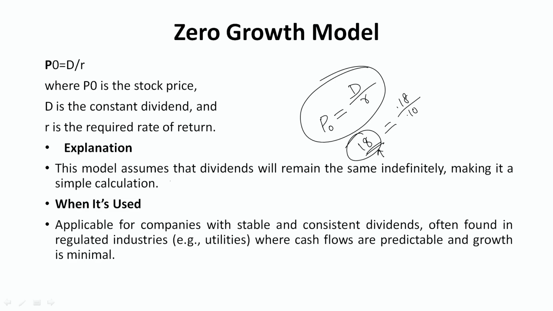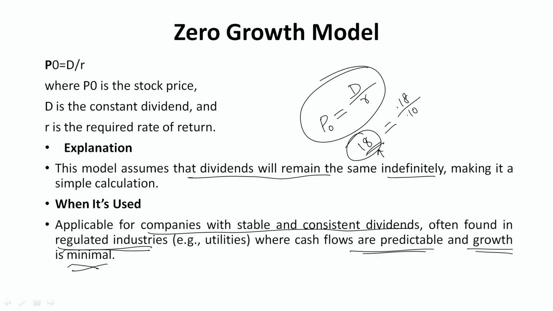It assumes that the dividends remain the same for an indefinite period of time, and it is very simple to calculate. It is used for companies with stable and consistent dividends, companies which are regulated, or where cash flows are predictable or the growth factor is minimal.